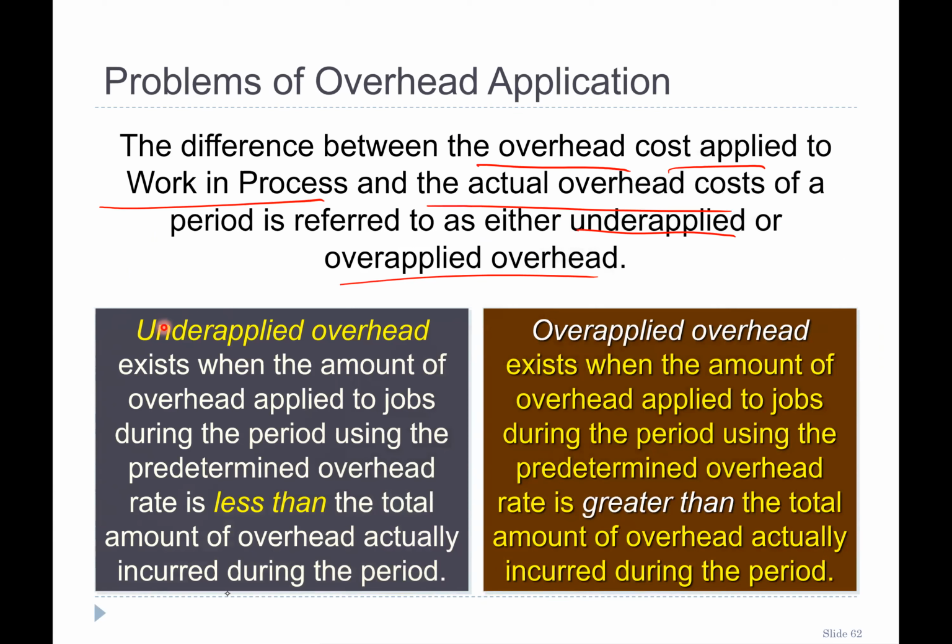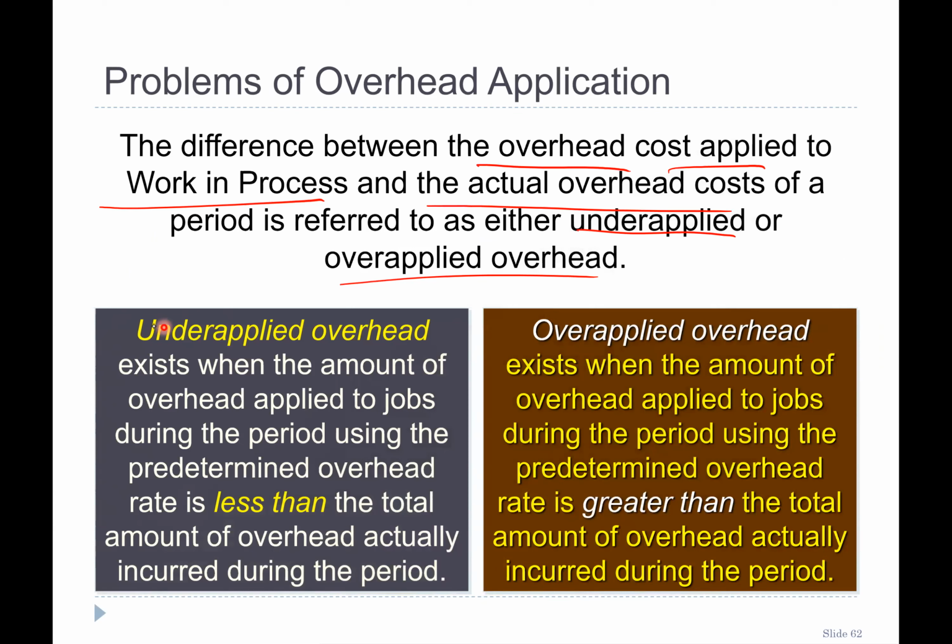So when our estimation is greater than the actual one, it means the cost that we charge to the work in progress is over, right? We call this over applied overhead. Let me just repeat one more time.